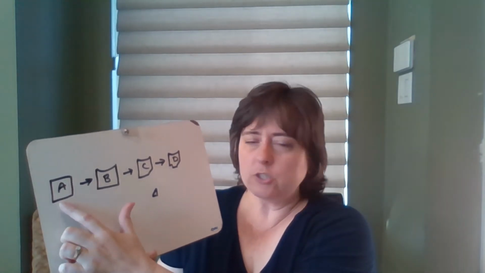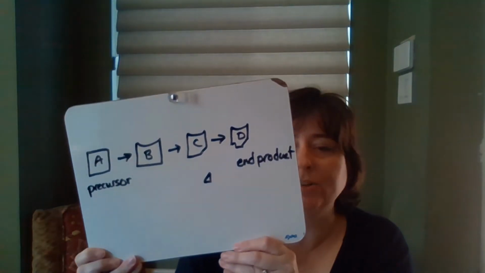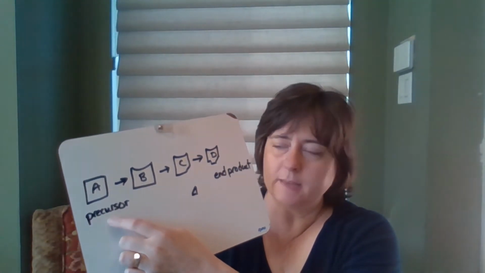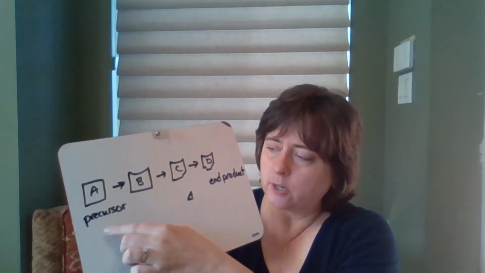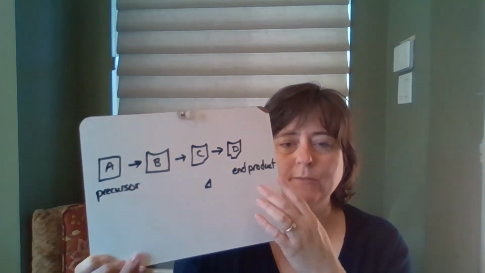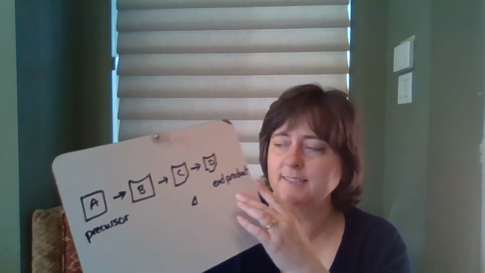So this starting molecule is going to be called a precursor. Any molecule you're starting with at the beginning of the pathway is going to be called your precursor. What you are trying to end up with is going to be your end product.